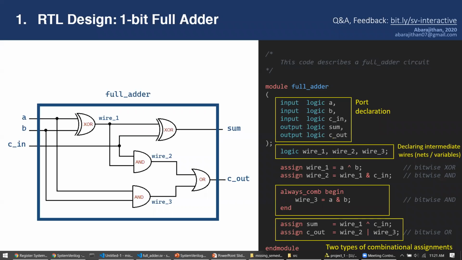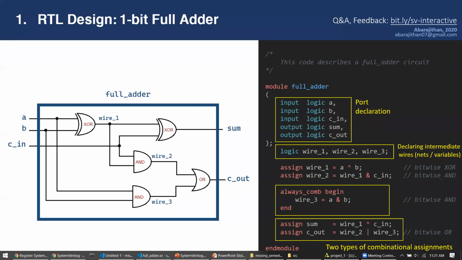Okay, is logic a variable type? Can you explain it? The idea is that it is not a variable in the sense of a programming language. It's not like a Python variable, it's not like a C variable. Logic is basically defining a wire in here. That is the loose definition. I will give the exact definition when I talk about data types later.